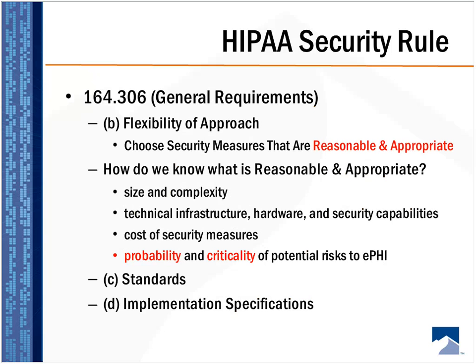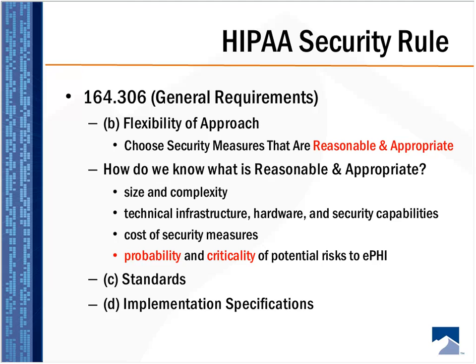I want to point out before we dive into risk analysis that in these general requirements for the security rule, we have this clause, the flexibility of approach, and that pertains to the selection of countermeasures or safeguards. The HIPAA regulations talk about safeguards, and in the industry we often talk about controls or countermeasures. Controls is a little more popular with the IT auditors, but certainly safeguards is the HIPAA taxonomy.